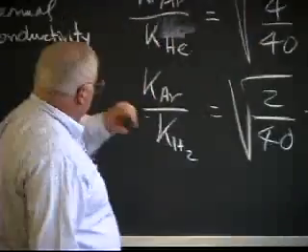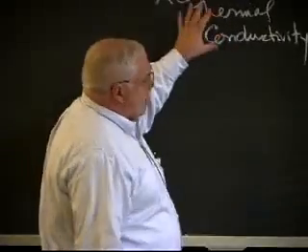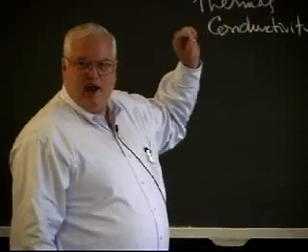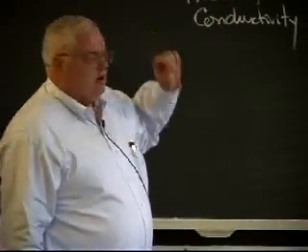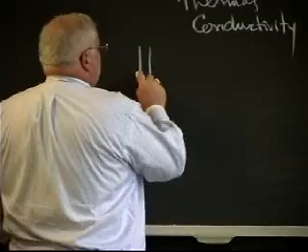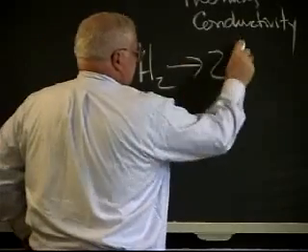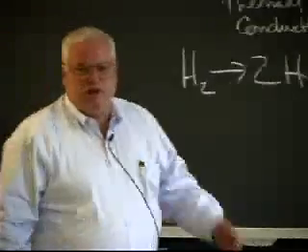So the kinetic theory tells me that the thermal conductivity goes as the inverse square root of the atomic weight. However, if I have a diatomic gas, I can actually have a chemical reaction go on. The chemical reaction simply being, I can dissociate the hydrogen.